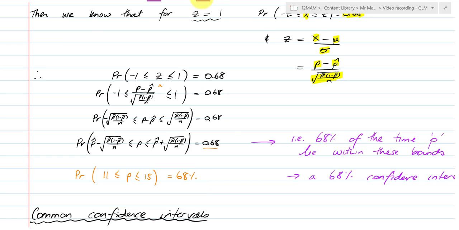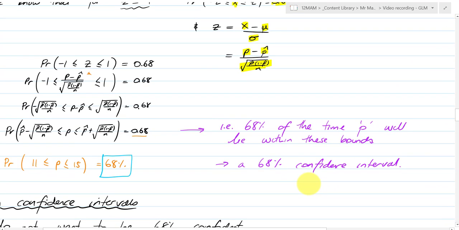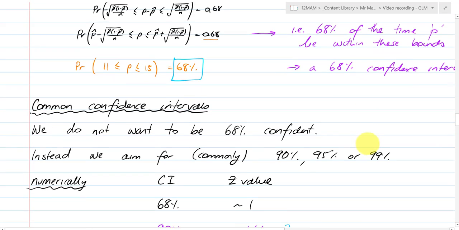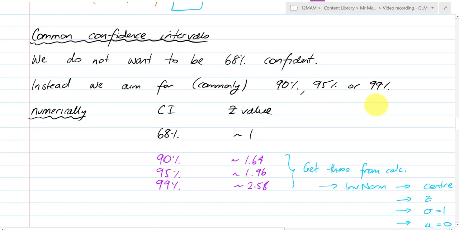Now, to be honest, 68% is not commonly used for confidence intervals because, yeah, it's better than half, but it's not that great. So we actually usually go a little bit further. So 68% in this case was my example I wanted to build up with, but actually more commonly we're using 90%, 95% or 99%. And again, it depends on what we're trying to find.